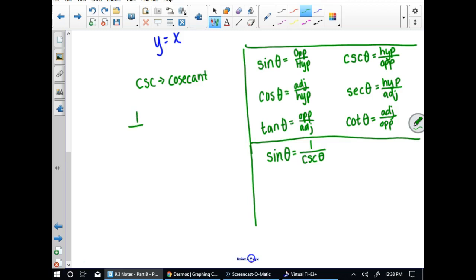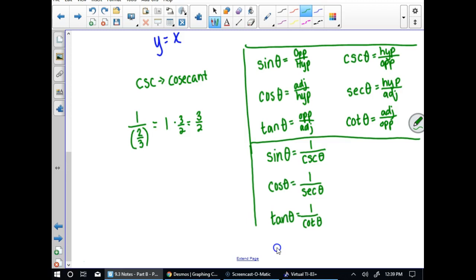So like, for example, if I have 1 over 2/3, dividing fractions is easy as pie. Flip the second and multiply. I get 3 halves, right? So when we do 1 over cosecant, it flips cosecant back to sine. So that means cosine of theta is 1 over secant of theta. And tangent of theta is 1 over cotangent of theta.